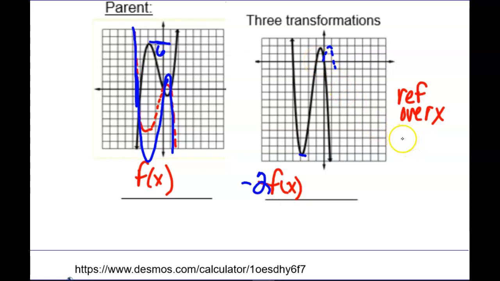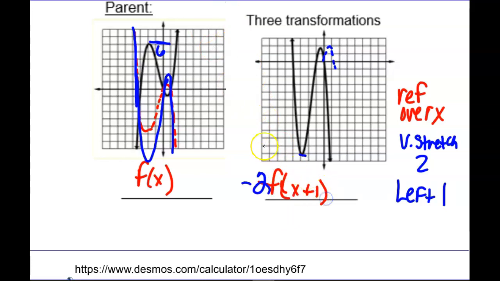Okay. Reflect, vertical stretch 2, and what did we just say? Left 1? How do we do left 1? Yeah, plus 1 inside. Now, the order that we just wrote it down is not what we're going to do according to what we wrote for a function, but I think it'll work. Let's check it out.